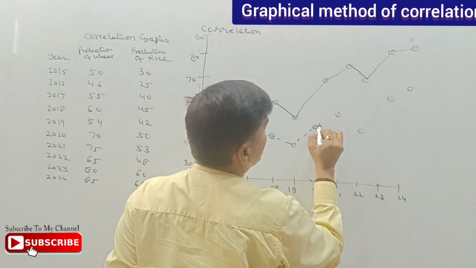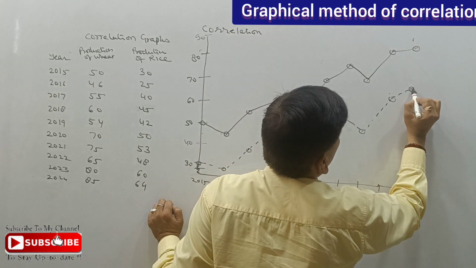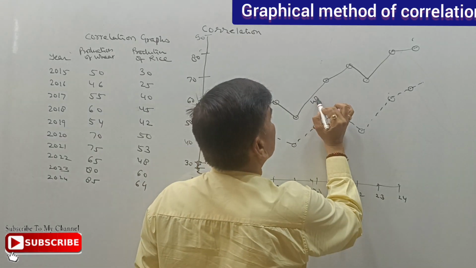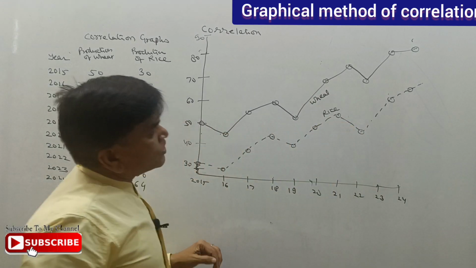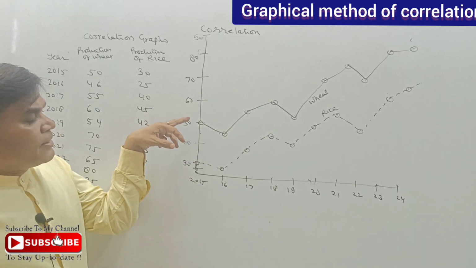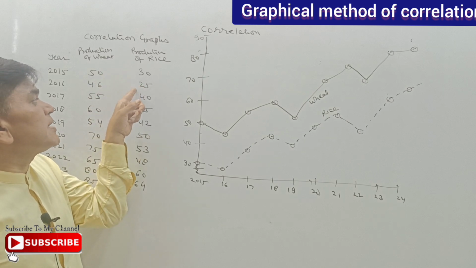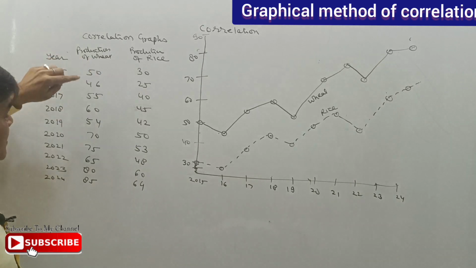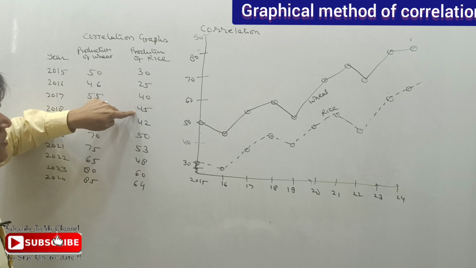As we are seeing, if the production of wheat is increasing, the production of rice is also increasing. This is for the wheat and this is for the rice. So we will say it's a positive correlation. When the production of wheat decreases, the production of rice also decreases; when wheat increases, rice also increases.